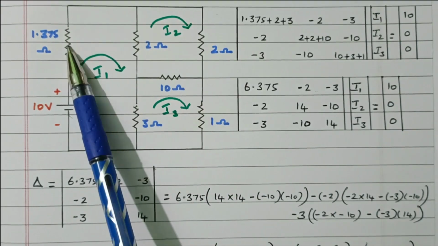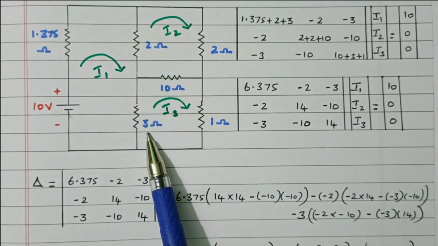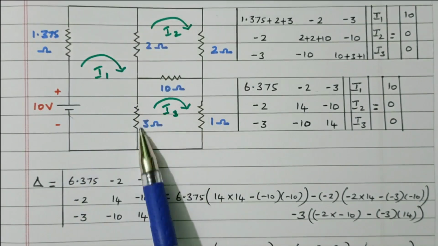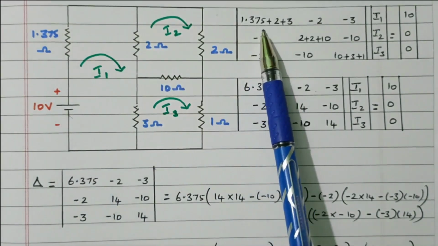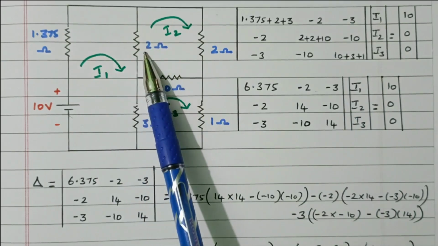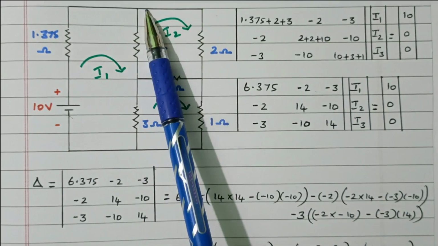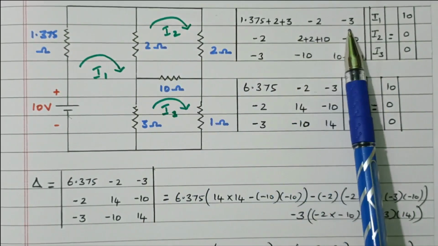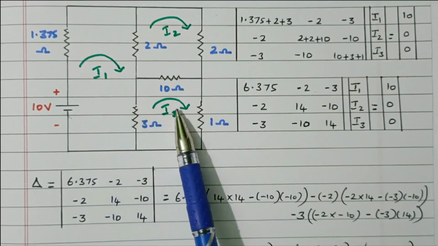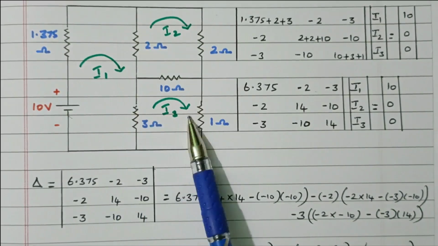In loop 1, the total resistance is 1.375 plus 2 plus 3. So the resistance available in loop 1 is R11. Then R12, between loops 1 and 2, this 2 ohm is available. See the current direction: this is going down, this is going up. So minus 2. R13, the resistor between the first loop and the third loop, is 3 ohm. This current is down, this current is up.